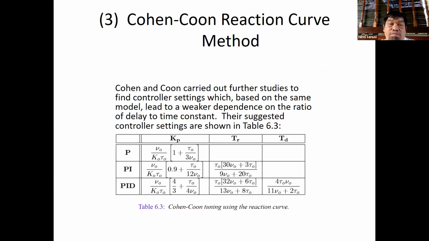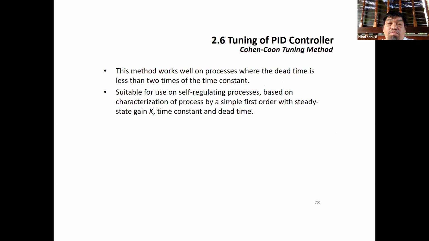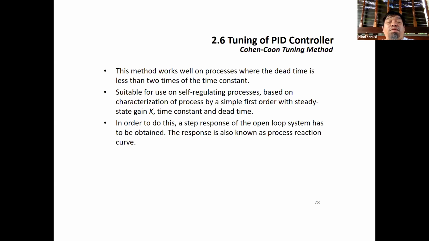So this method works well when the dead time is less than 2 times the time constant, suitable for use of the self-regulating process based on characterization of the process by a simple first order with steady state gain K and time constant and the dead time.